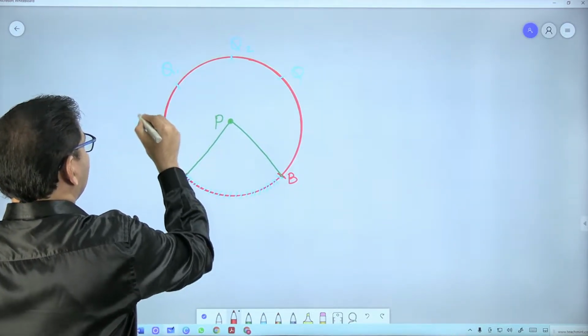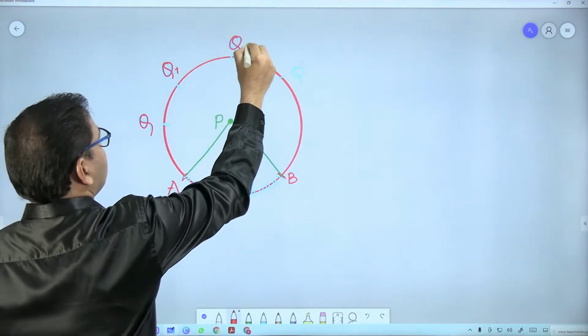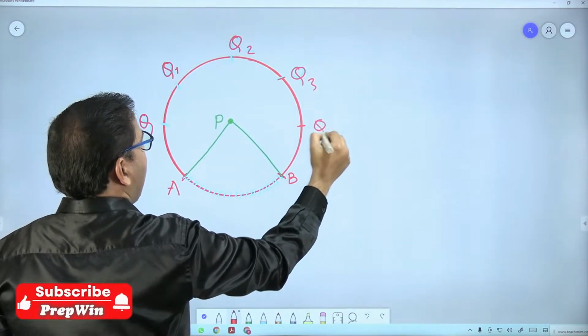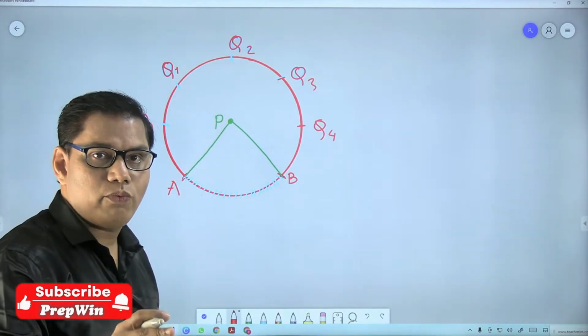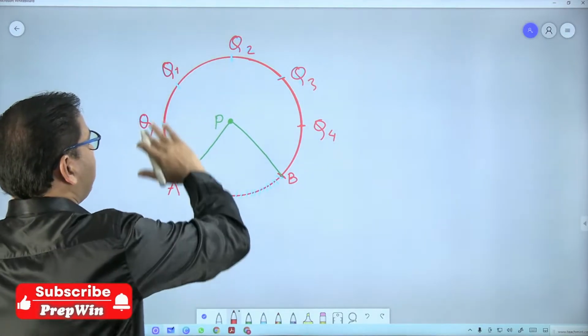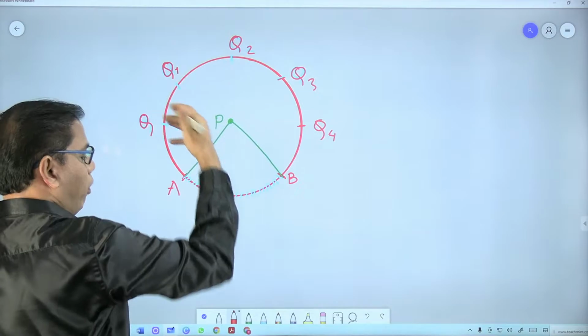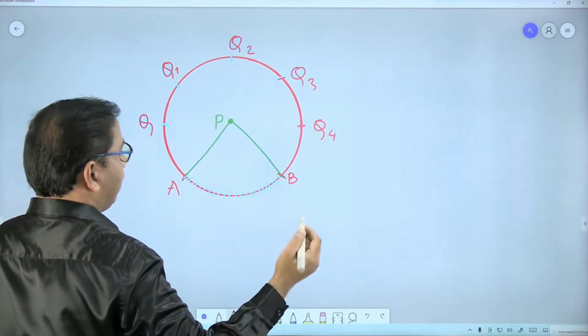Okay, so this is point Q, this is Q1, this is Q2, this is Q3, and this is Q4. Any point, anywhere. Now the theorem which we are going to learn is applicable for any of the points. I have just taken these 5 points. You can take other points also, as many points as you want.